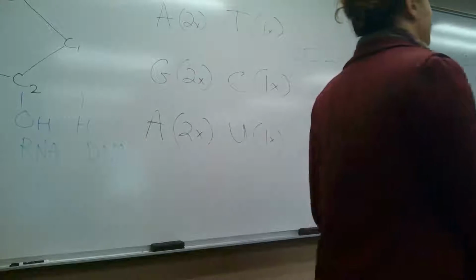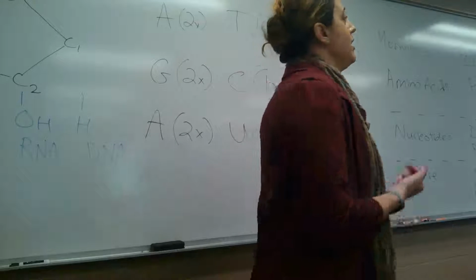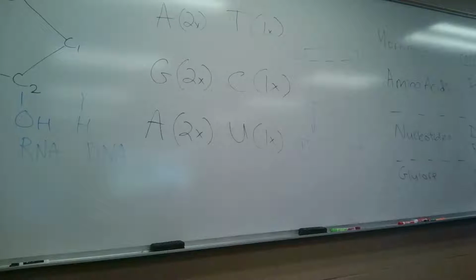Again, we see that the strands are anti-parallel and that we have hydrogen bonds in between the base pairs. Both of these images do an excellent job of showing the hydrogen bonds. There are multiple hydrogen bonds between each of the base pairs.